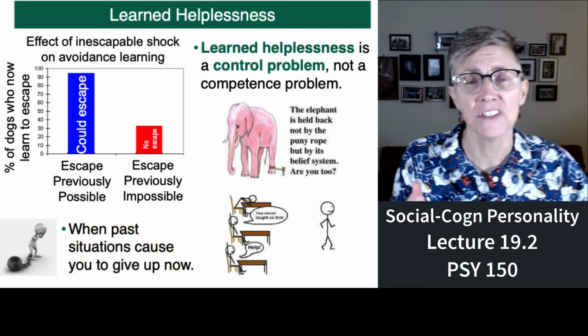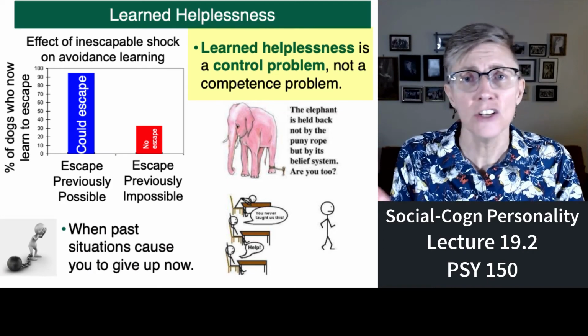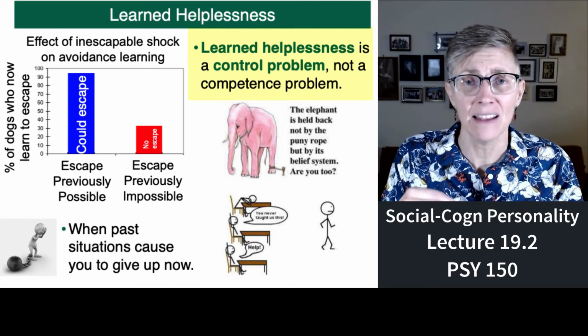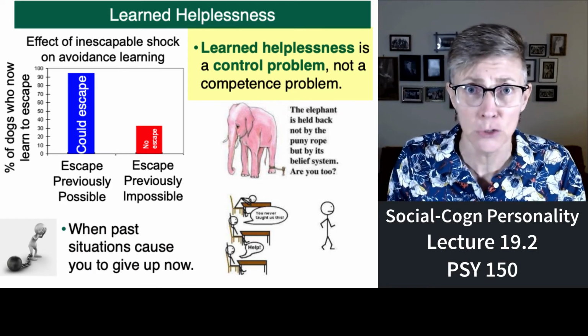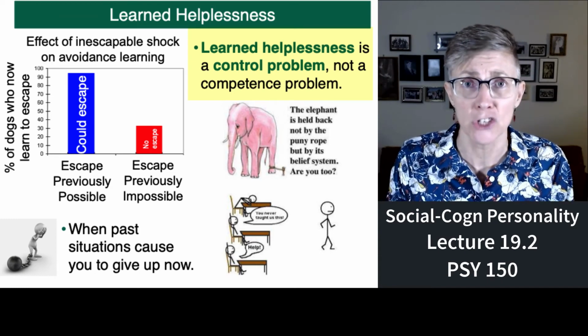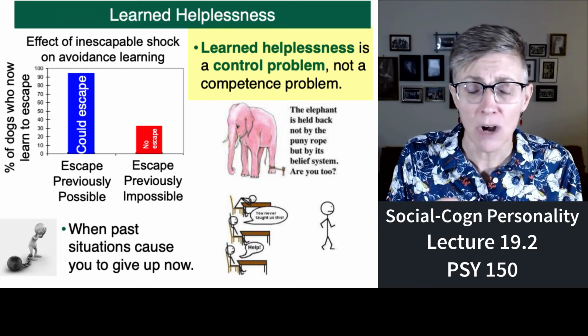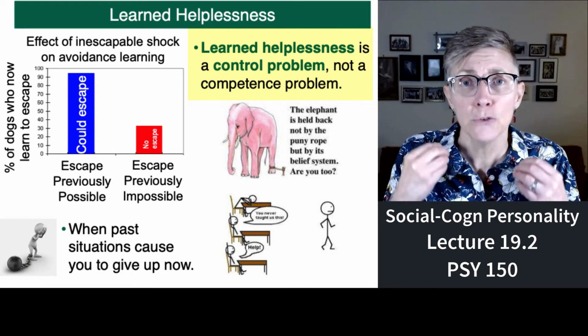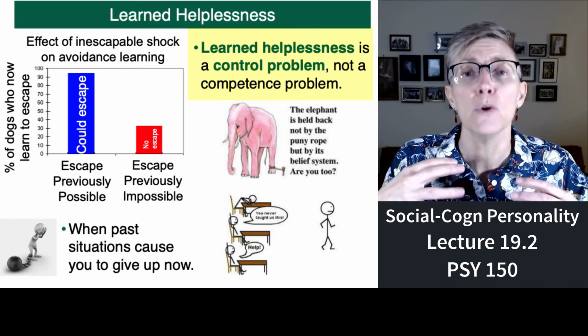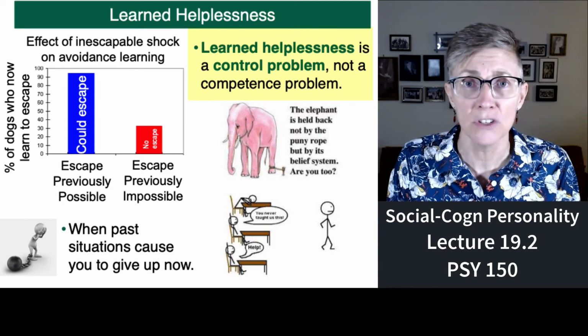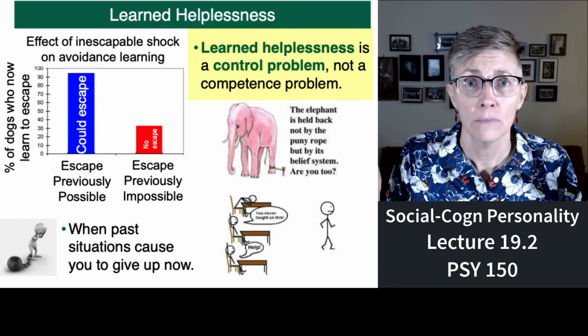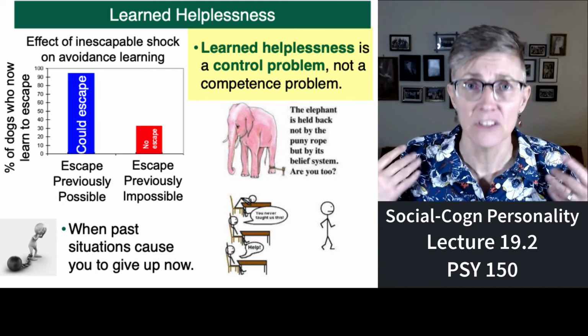So learned helplessness is not an issue of being incompetent, of being unable to do something. You know how to do something. The dog knows how to jump away from the shock. But it's a problem of control. You don't think that you control the world. You have so much external locus of control that you feel like literally you're a puppet and there's nothing you can do.